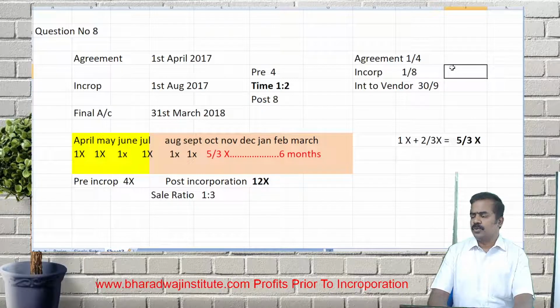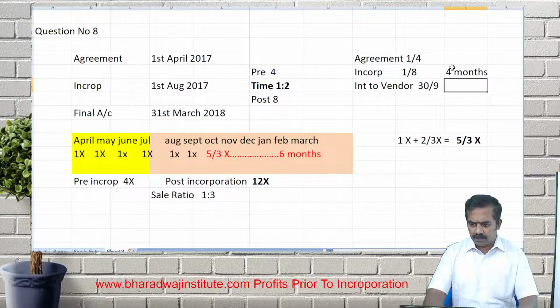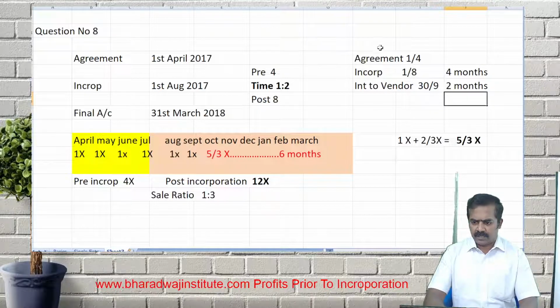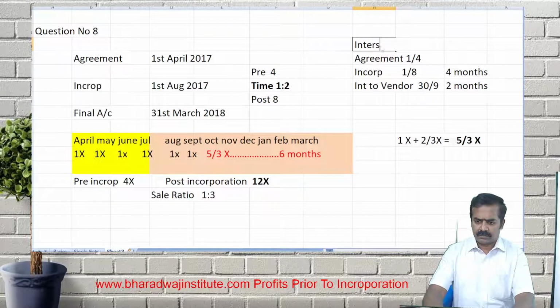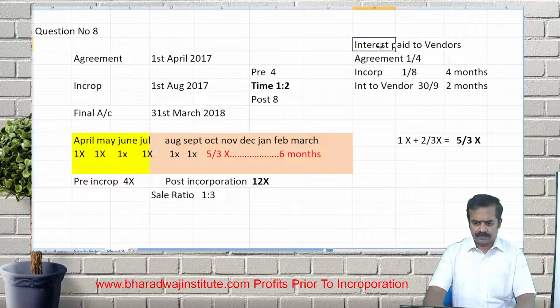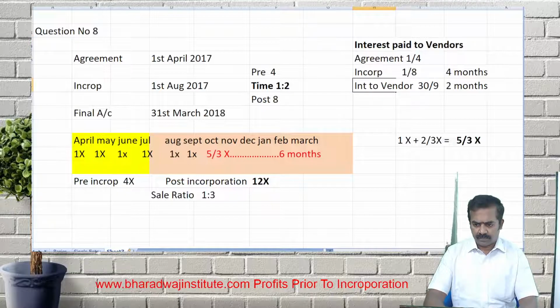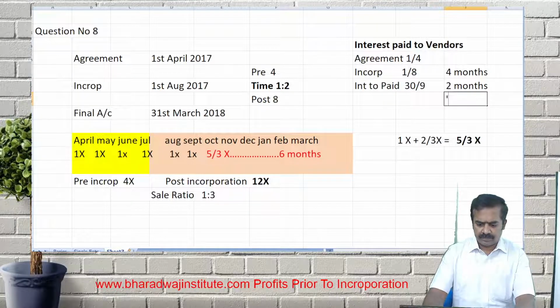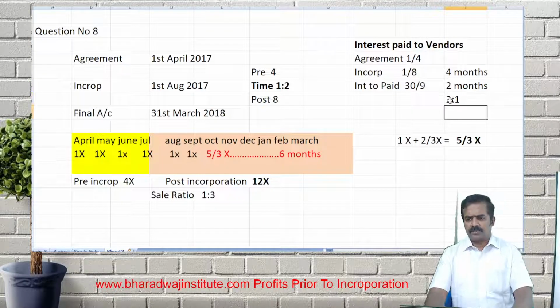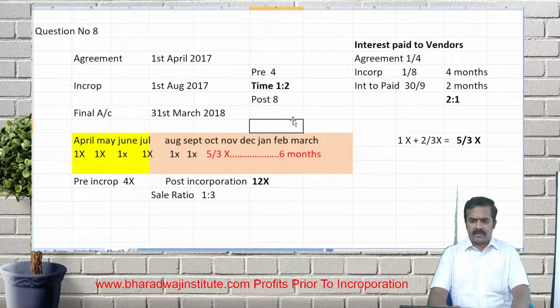April, May, June, July, 4 months. Post-incorporation will be 2 months. So for this interest paid to vendors, what is the ratio? 2:1 ratio. Please note all these things and we'll proceed.